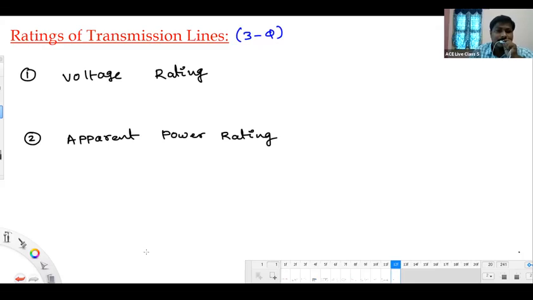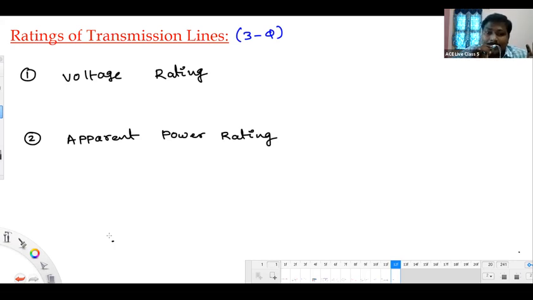Generally, it is one of the previous GATE examination questions. Just listen to this. Rated voltage of a three-phase power apparatus is represented in the form of per phase RMS, per phase peak, line to line RMS, or line to line peak. Which one do we have to take among the four?